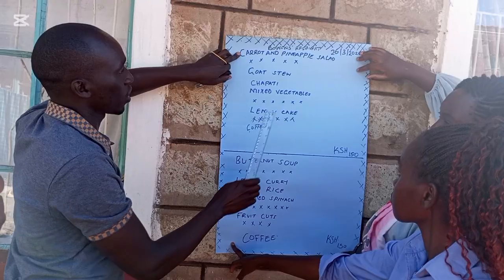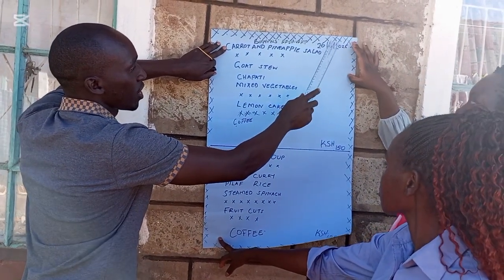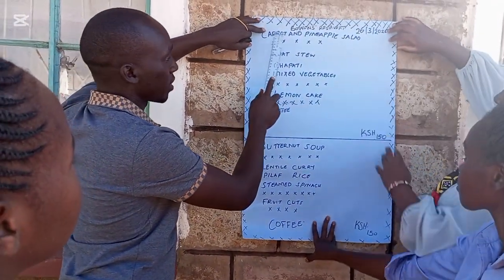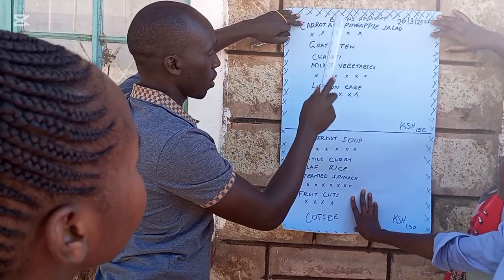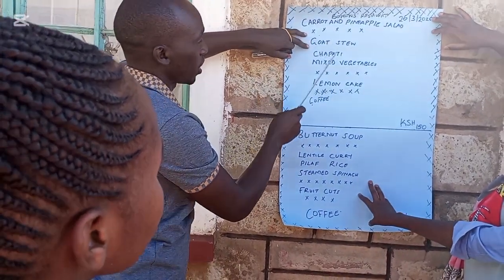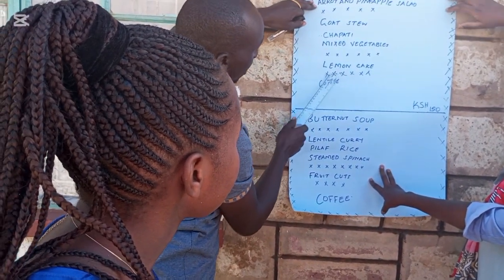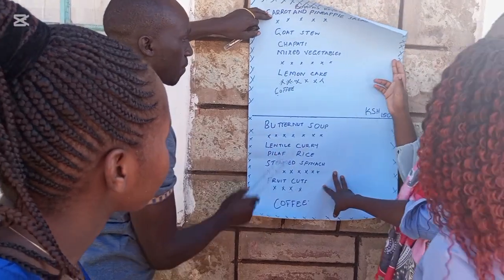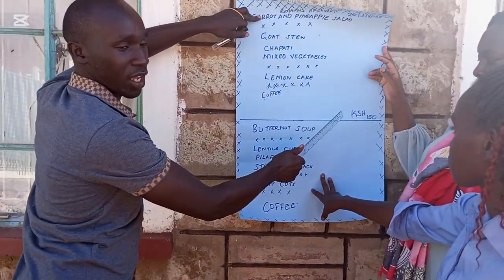The name of our restaurant is Powen's Restaurant. Our date is the 26th, which is today. We came up with a starter containing a salad, then our main meal: protein, carbohydrates, and vitamin. For our dessert, we have a hot dessert, which is lemon cake. And then at the end, we have the coffee.